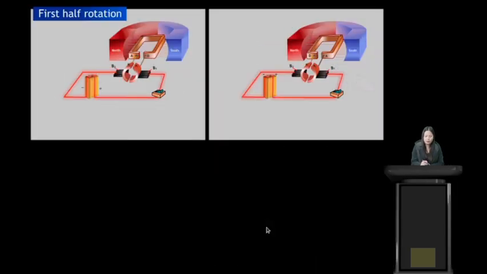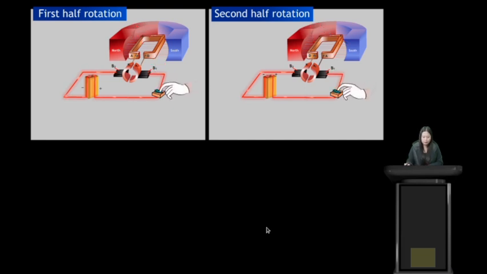So this is the first half rotation, and we have the second half rotation. In the first half rotation, DC moves downwards, BA moves upwards. In the second half rotation, AB moves downwards and CD moves upwards. So we have the first half rotation and the second half rotation.